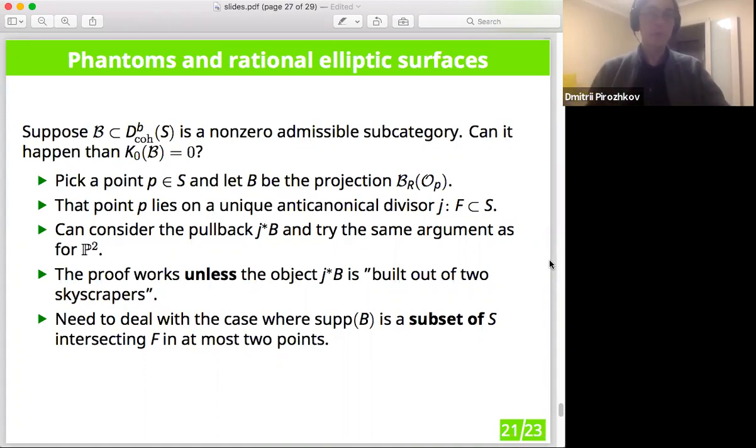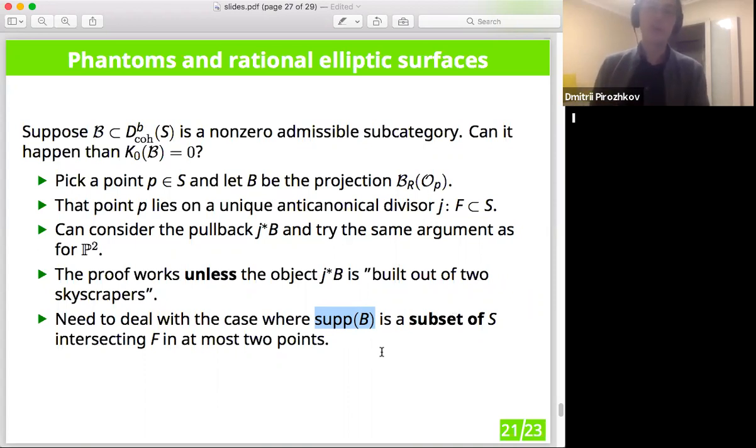Now, the thing that breaks is the very beginning, where I mentioned that on P2, the support of this object B was one of 3 options, and all options except the entire P2 were just trivial to deal with. And now this will not be true. So the same proof for non-existence of phantoms works unless this restriction is built out of 2 skyscrapers, which happens when the support of B, the set theoretic support, is some subset of the surface which intersects the fiber in just finitely many points.